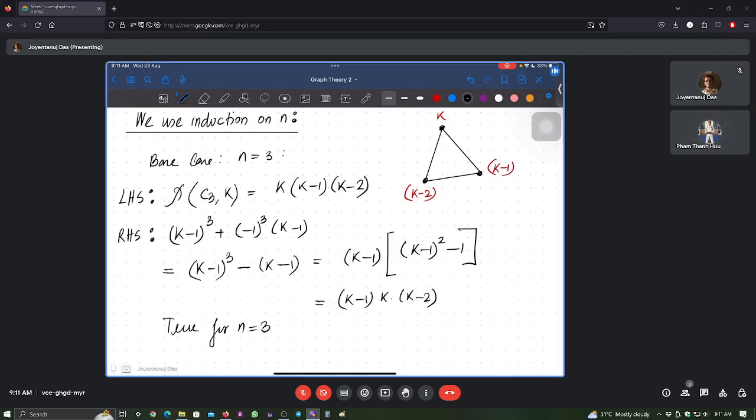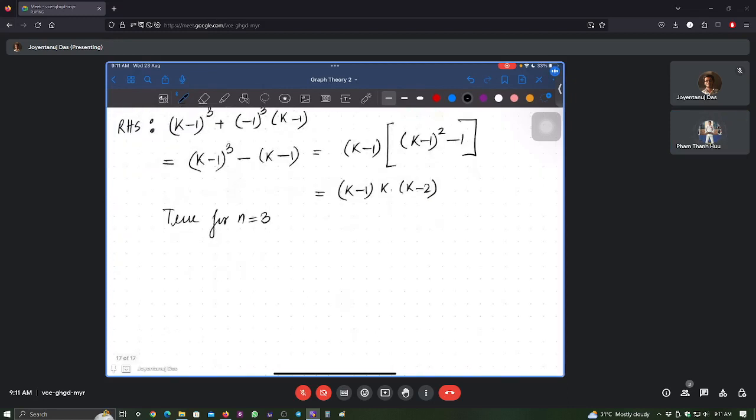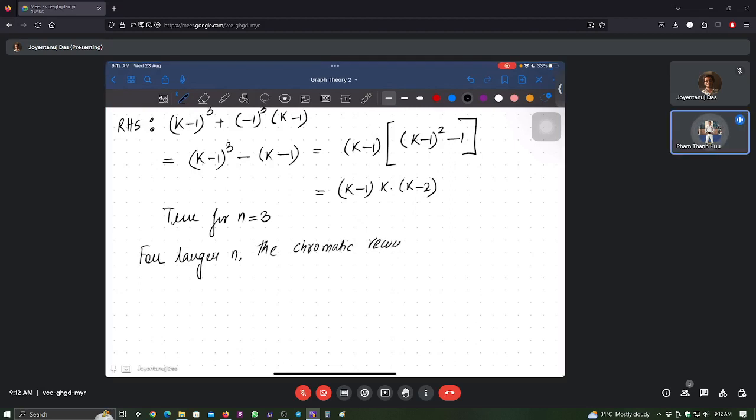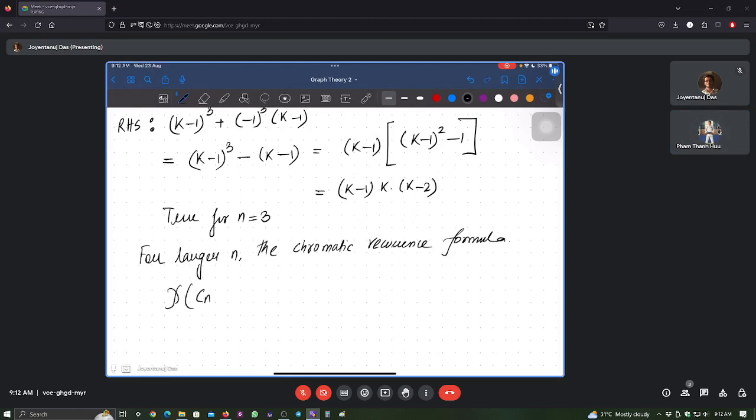Now we can use the chromatic recurrence formula for larger n, deletion and contraction. So the chromatic polynomial of Cn with k is the chromatic polynomial of Cn minus one edge, minus the chromatic polynomial of Cn with one edge contracted, with k.